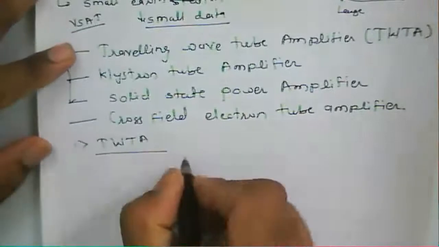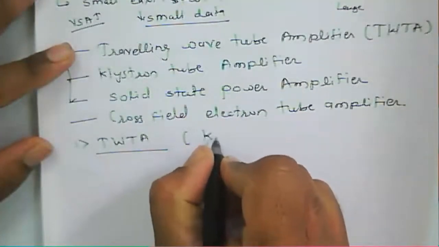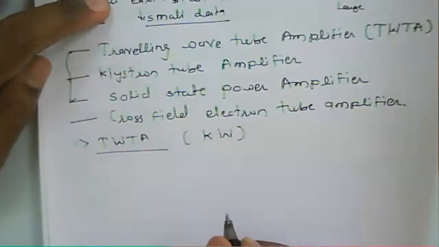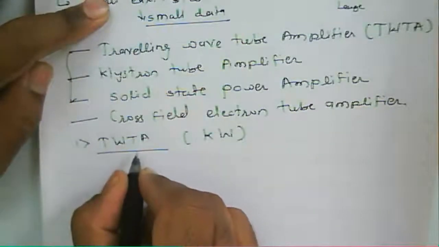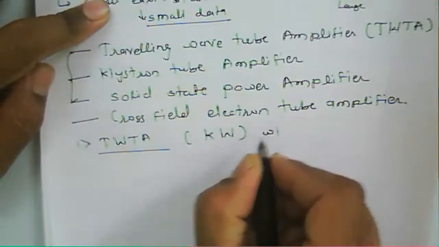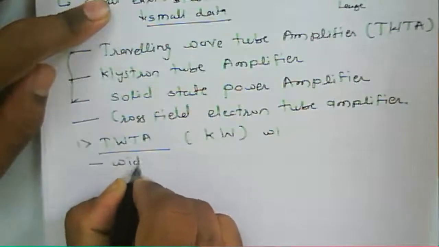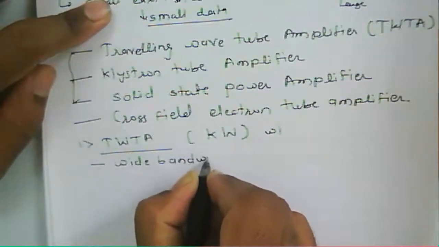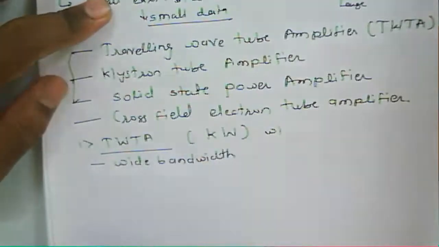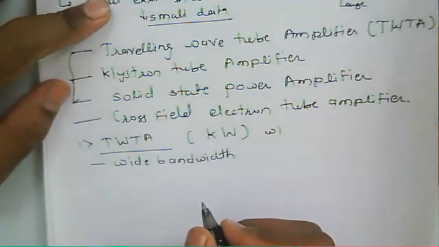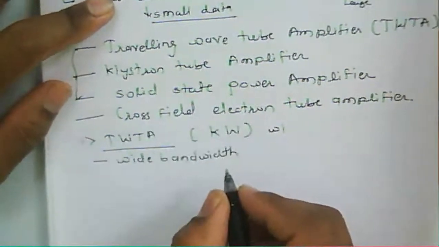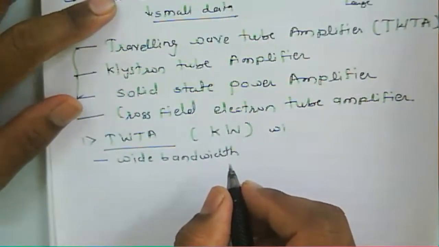It generates high power, in terms of kilowatts, and it has a wide bandwidth, meaning it operates in a wide band. That's why the traveling wave tube amplifier is called a wide band amplifier.